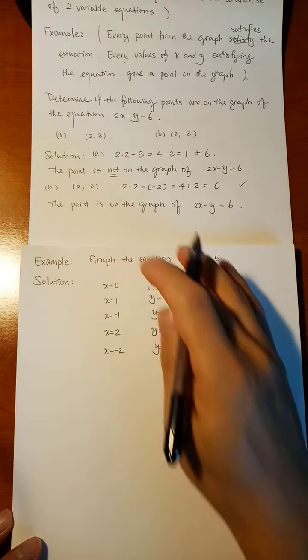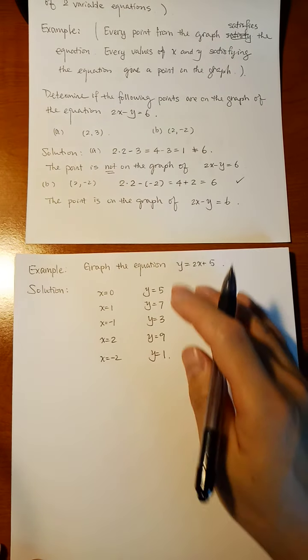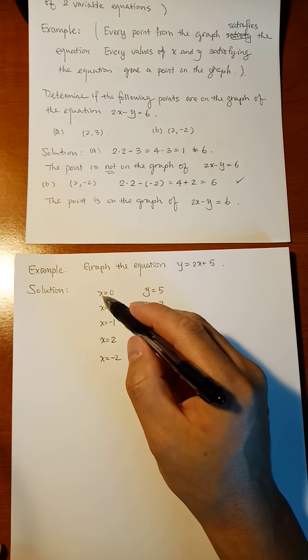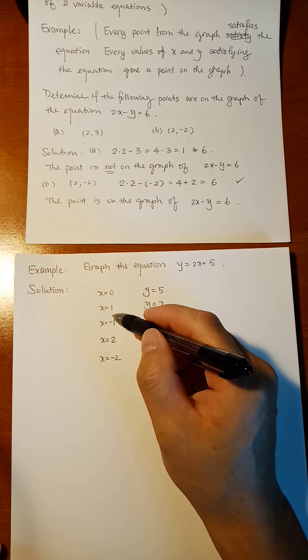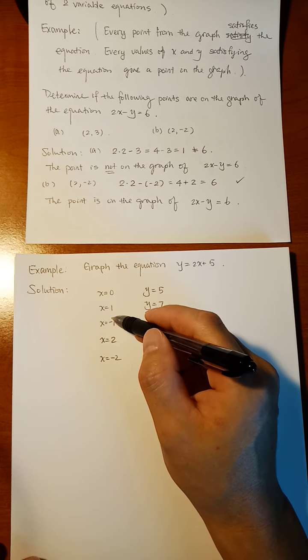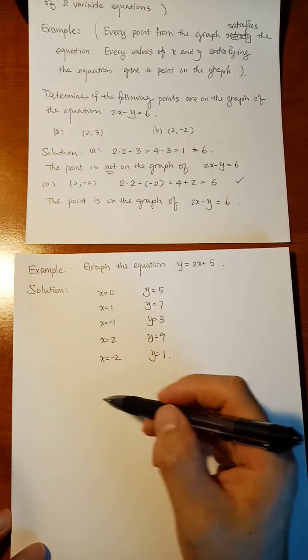If you are not satisfied with those evaluations, you can use decimal numbers like 0.5, 1.5, negative 0.5, negative 1.5.